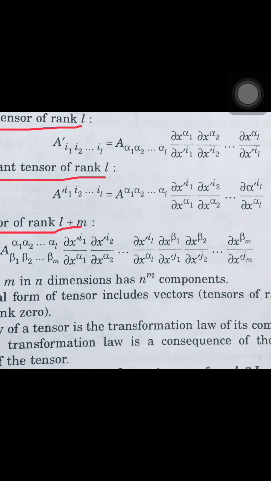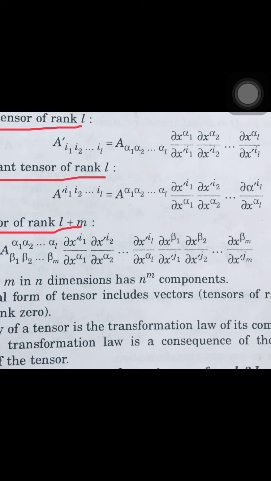Similarly, contravariant tensor. In contravariant tensor, we put the indices at upper in place of lower indices. We use upper indices, and the difference is the dash system to without dash system transformation. Here, what we are seeing, the components of the dash system are in the numerator, while in covariant it is in the denominator.